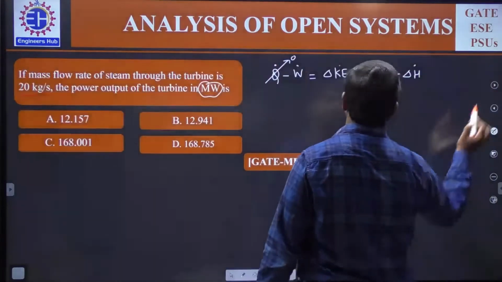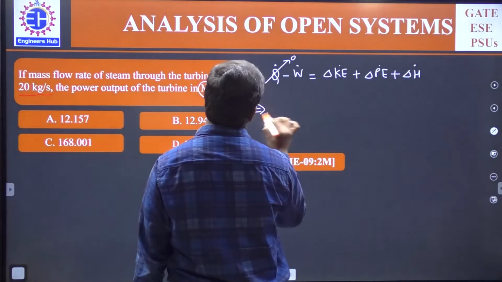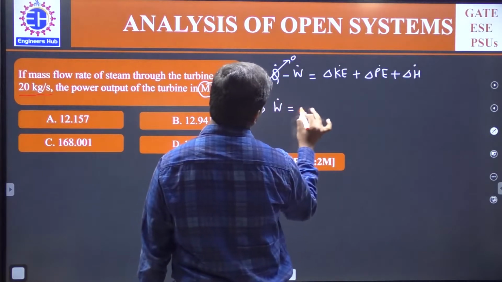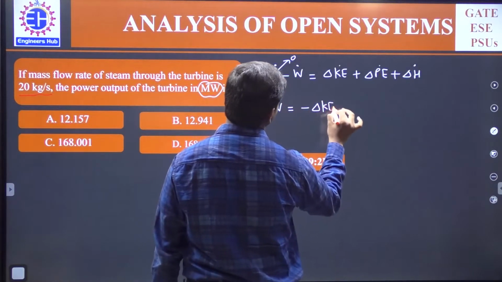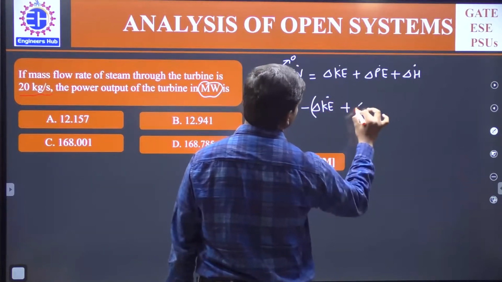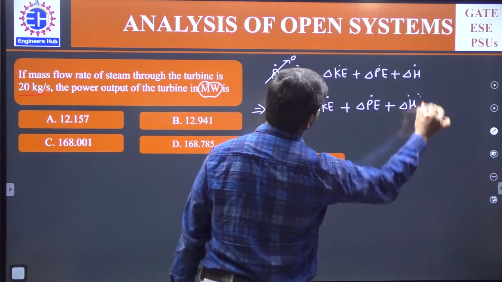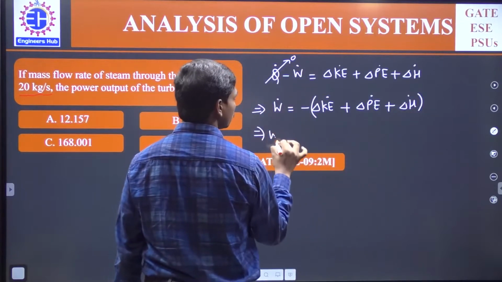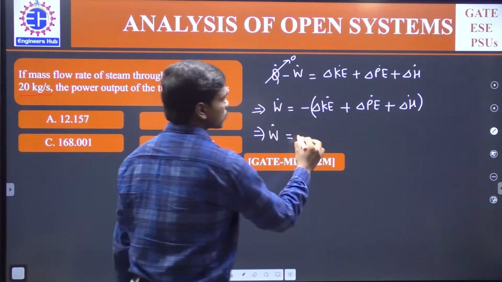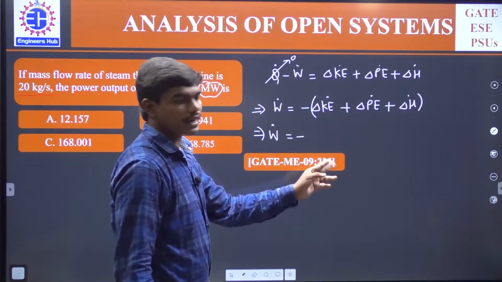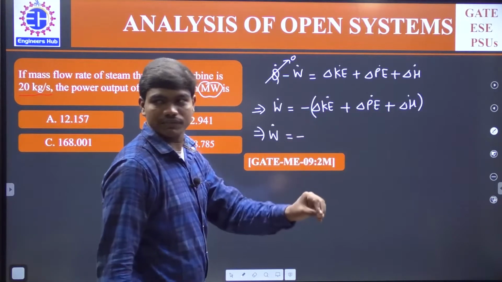So considering all these values, W dot is equal to minus of delta KE dot plus delta PE dot plus delta H dot. So this implies W dot is equal to minus of this total change in kinetic energy, which is nothing but mass flow rate into specific kinetic energy.